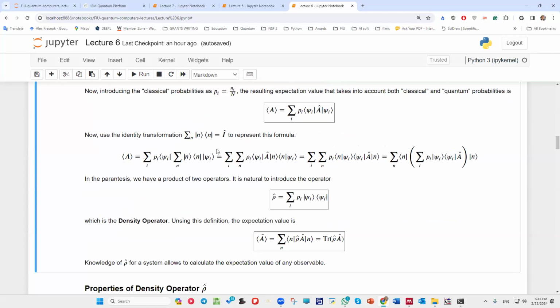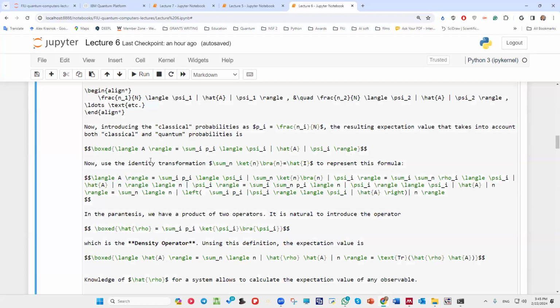So using this identity transformation, we can insert this expression, since this identity doesn't change anything. I write this formula here and insert this identity transformation between the operator A here.